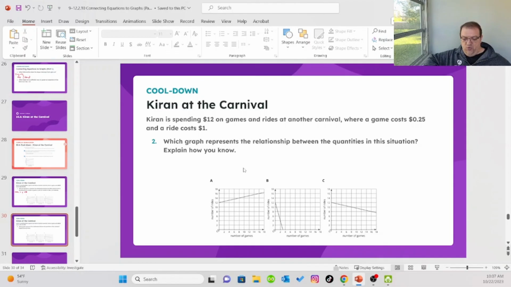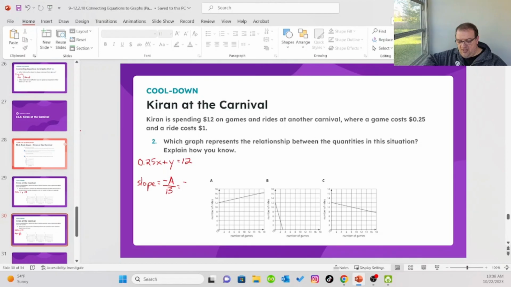Then they want to know which graph represents the relationship between the quantities in this situation and explain how we know. Well, if we think about our equation, we said that 0.25x plus y equals 12. Our slope is negative a divided by b.